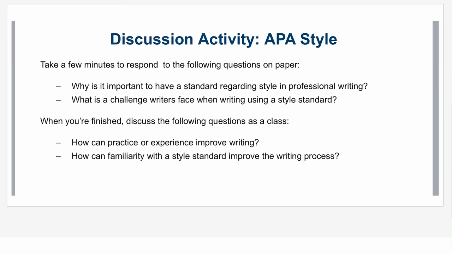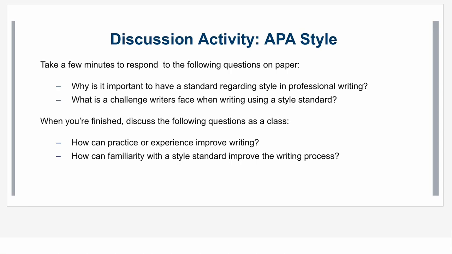So for this introduction, just to kind of get you guys thinking about all of this, think through these 4 questions. Why is it important to have a standard for professional writing? Obviously, the first thing that comes to my mind is the ability to quickly see things and look for things and understand things.